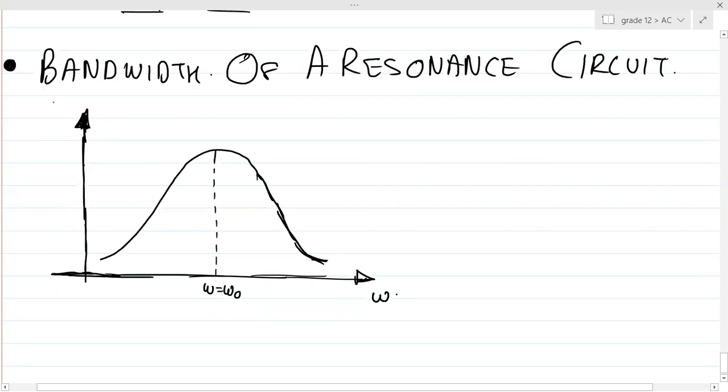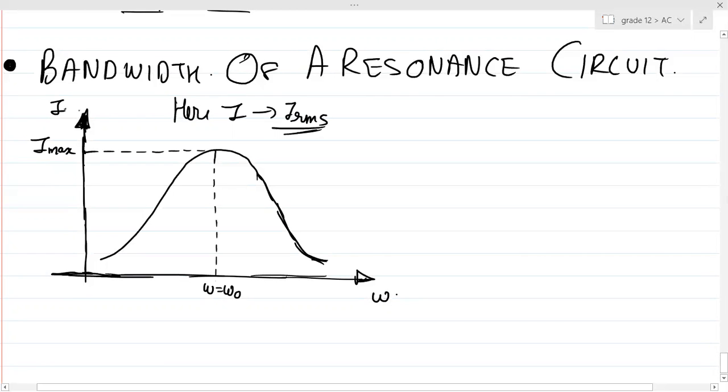At this particular time, if I try to draw the current, please remember this is I RMS. I'm not writing RMS again and again, I'm just writing I. So here I means I RMS only. Is this clear?